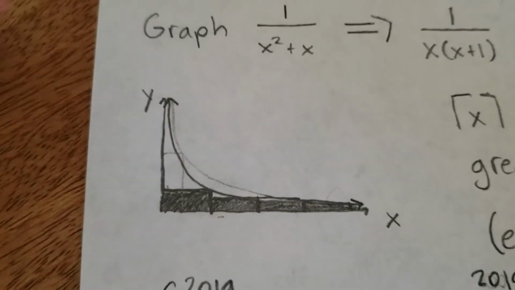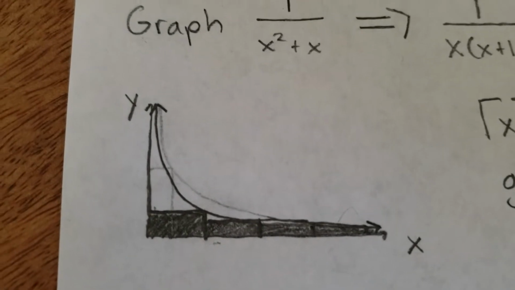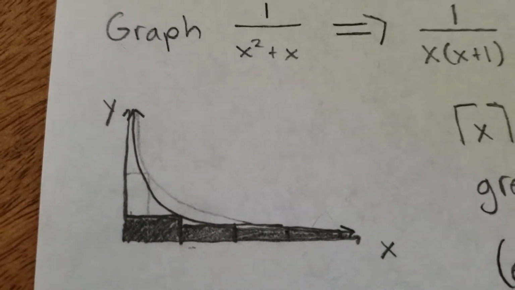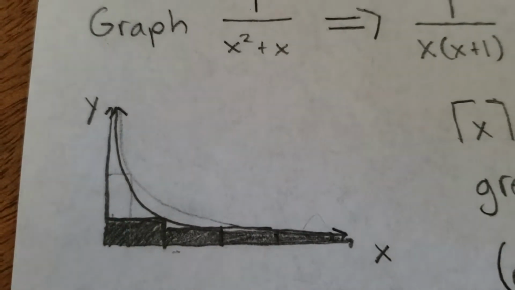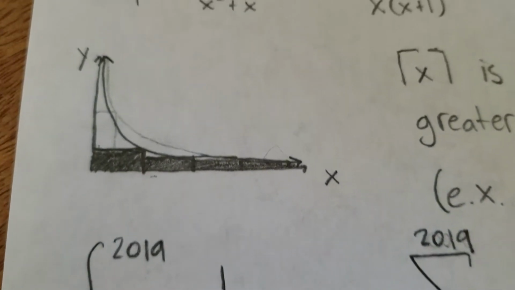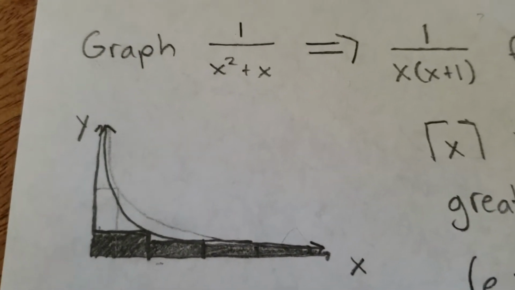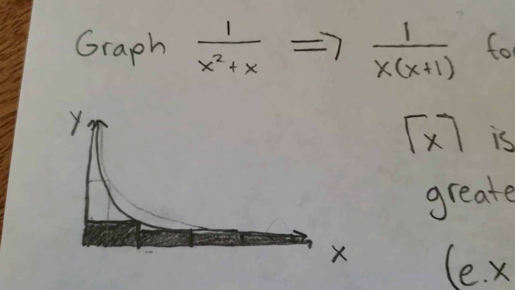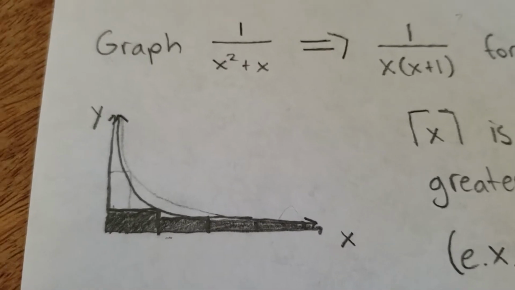The height from integers k minus 1 to k is just equal to 1 over k times k plus 1. You can verify this using your intuition. Just make sure you understand where this is coming from before we proceed.